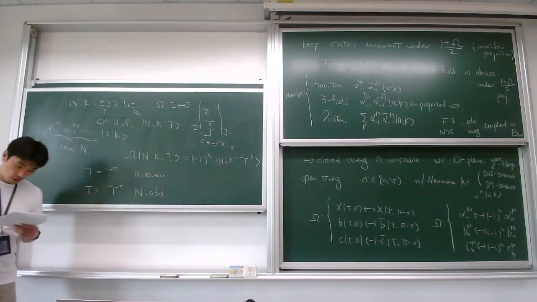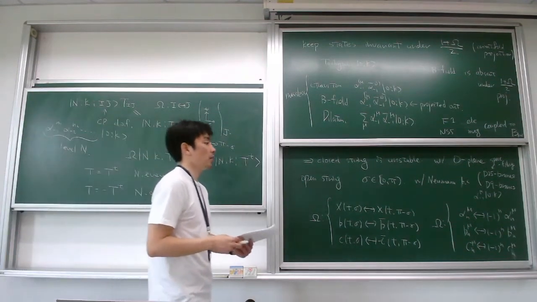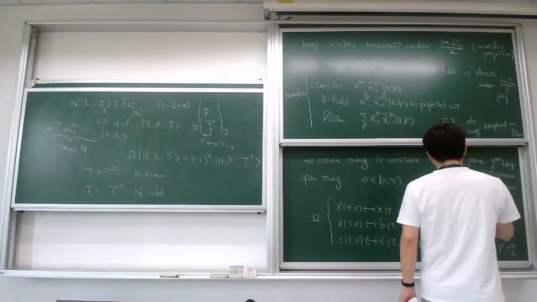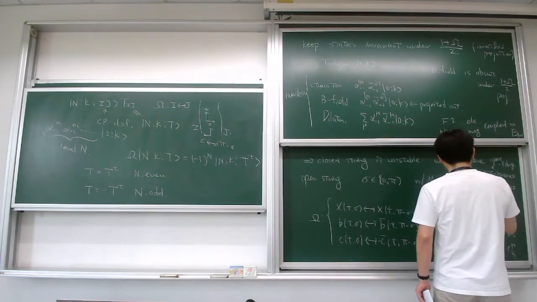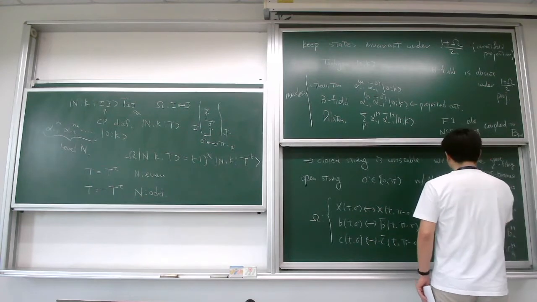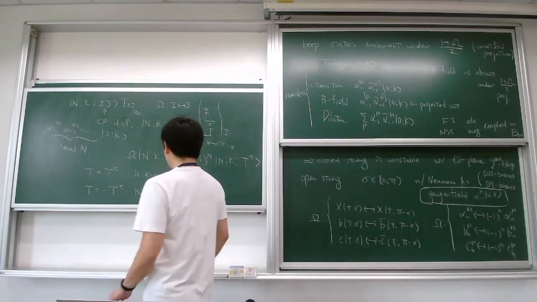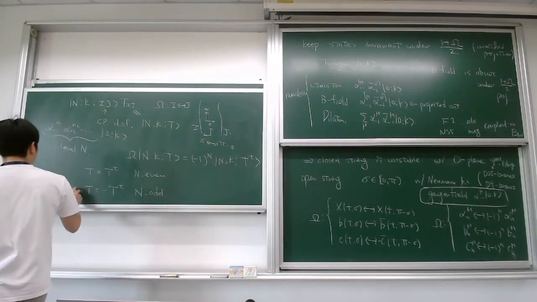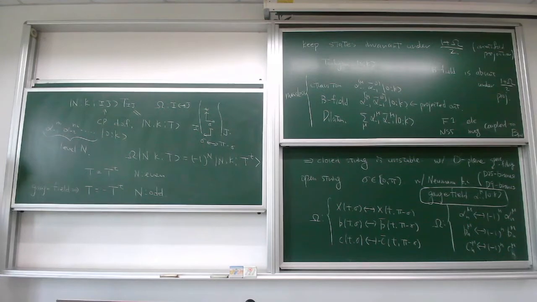In particular, the gauge field, as I mentioned, is coming from level 1. Therefore, for the gauge field, level n is 1, so the Chan-Paton factor has to be antisymmetric.